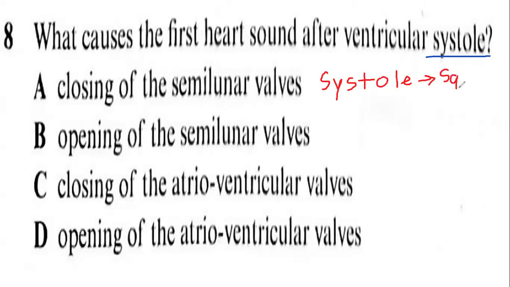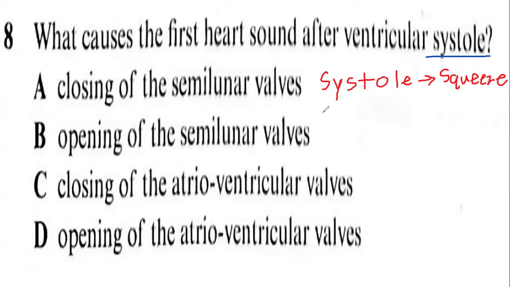Think about it like a squeeze, because you know the heart squeezes and rests, right? So systole is the squeeze of the heart. That's why I think Sierra used that big word, contract.